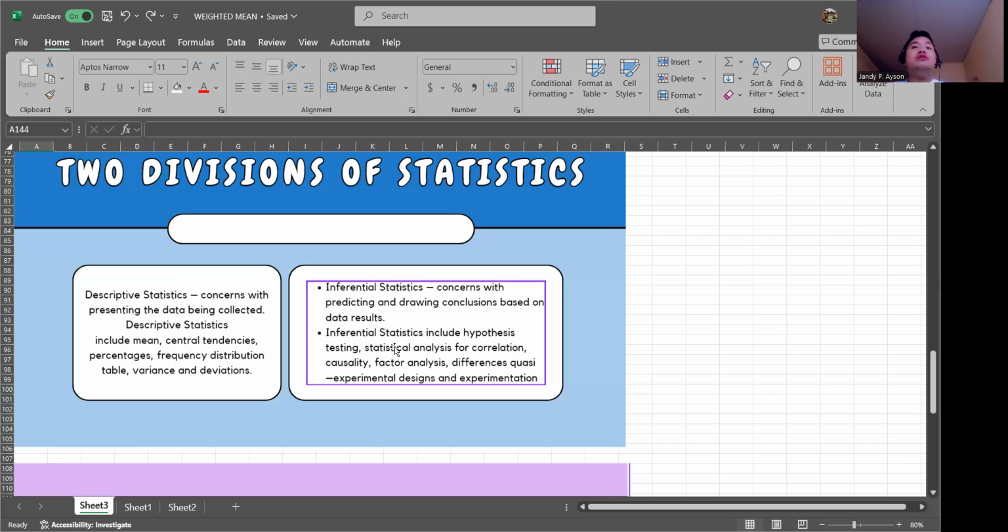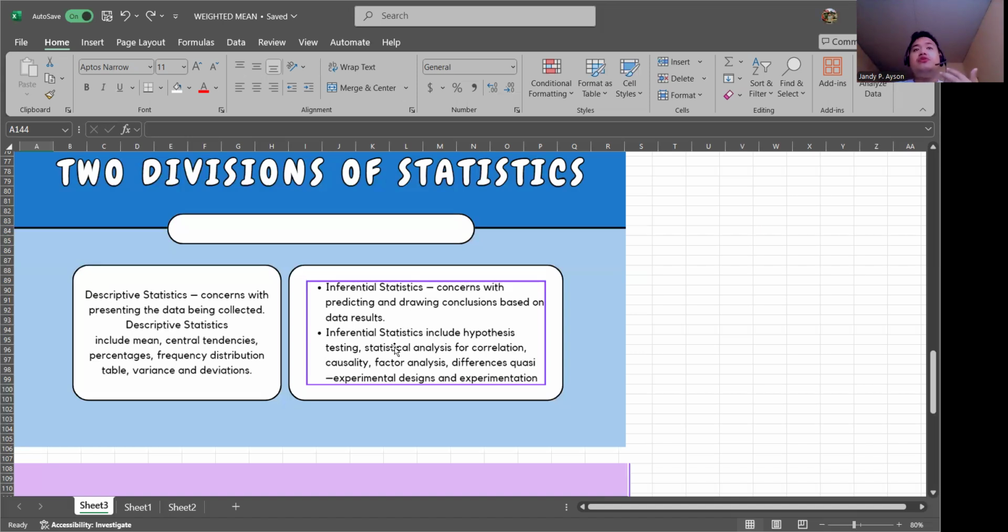On the other hand, when we say inferential statistics, ang focus nito ay para makapag-predict so that you can draw conclusions based on the data results that you have gathered from your respondents. Again, na-analyze mo na siya or na-present mo na siya using descriptive statistics. The next step, if needed, is to use inferential statistics para makapag-predict ka na and makapag-draw ka ng conclusions based on the results that you were able to gather. So specifically, focus to sa hypothesis testing.